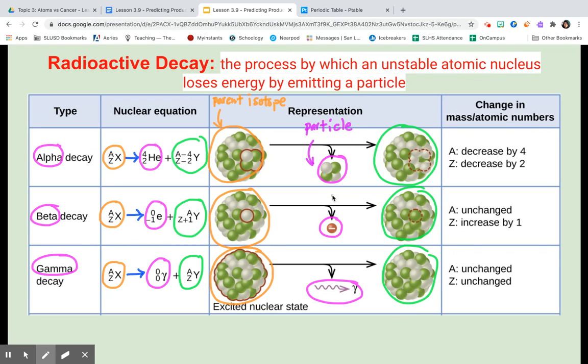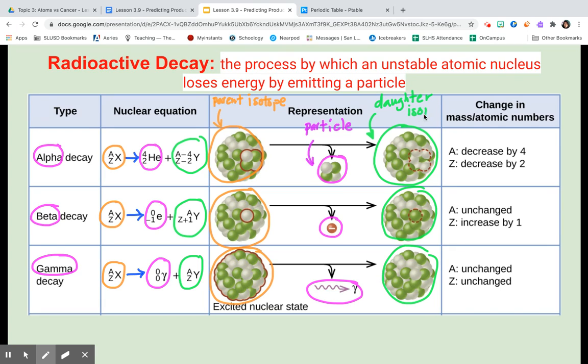The last thing you need to know is what you have left over after the parent isotope shoots off a particle. Here in green, represented by these models or the symbols, is what scientists call the daughter isotope.